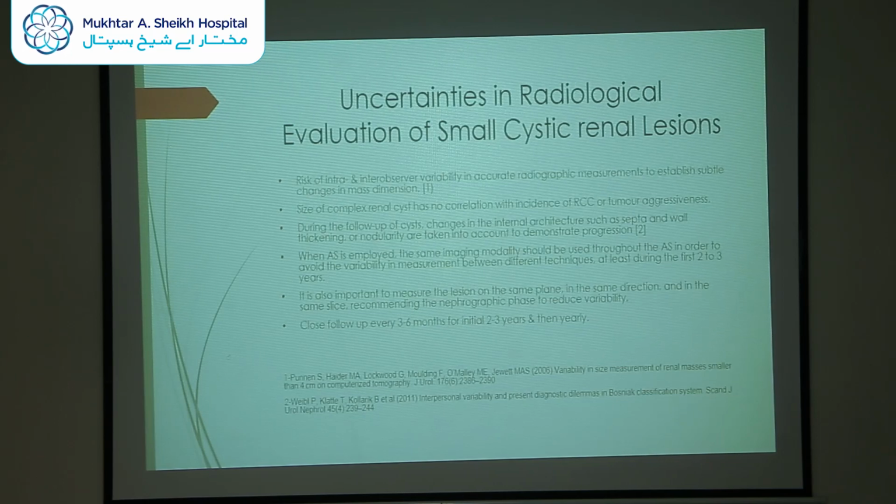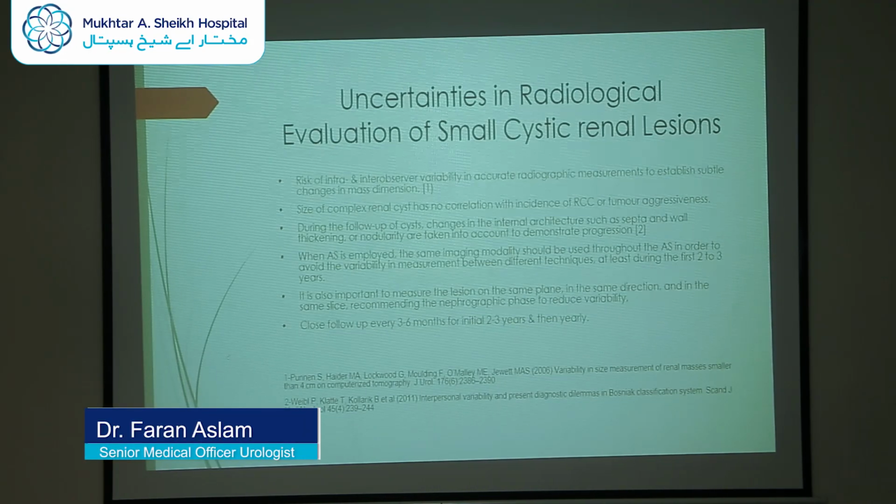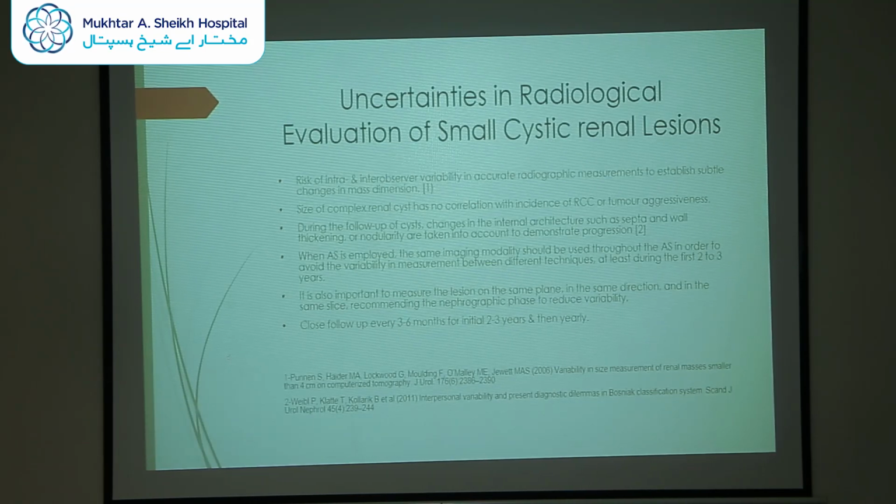During follow-up of the cysts, changes in internal architecture such as septa and wall thickening, as in the Bosniak classification, and nodularity are taken into account to demonstrate progression. So if the septation increases, or the solid component or enhancement increases, then we can change our decision.